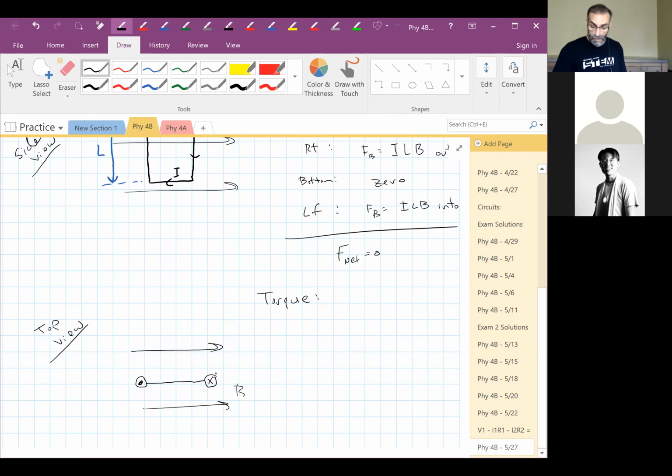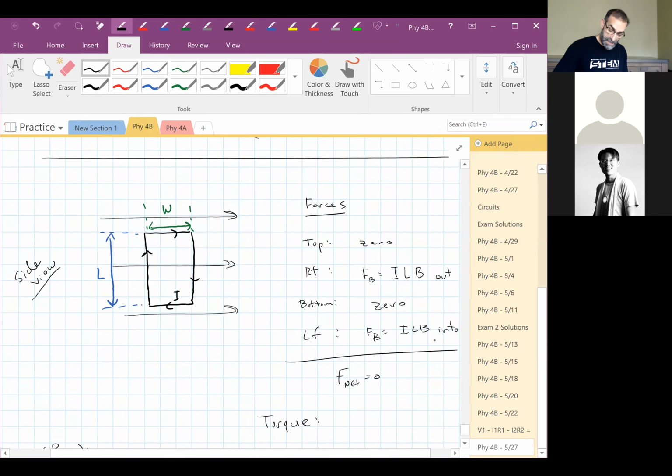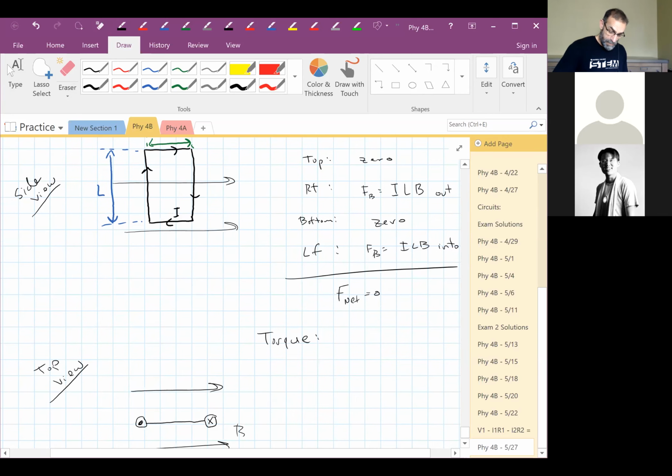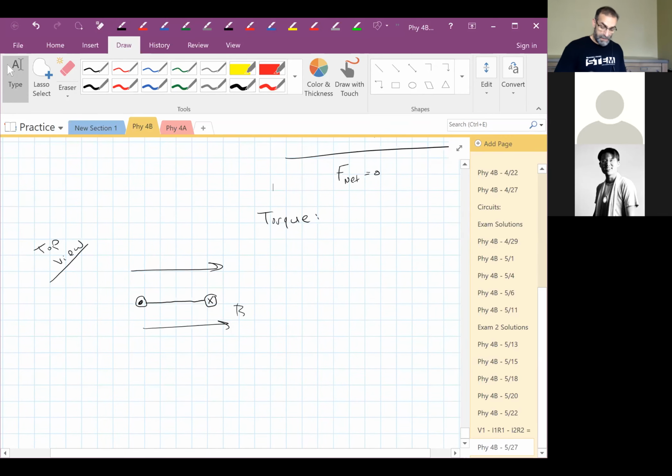What direction is the force on the left-hand side of this loop? We said it was into the page, remember? But if you're looking here, if we moved our eye up to the top, into the page is now toward the top of the page.